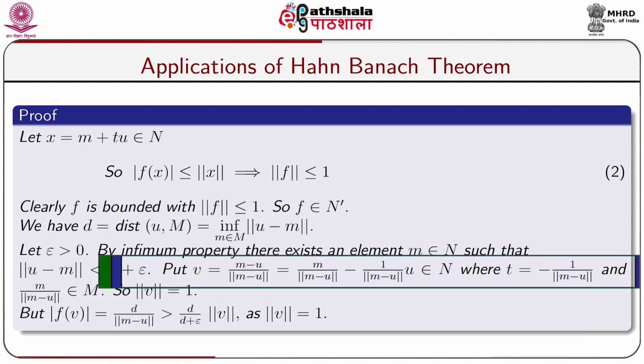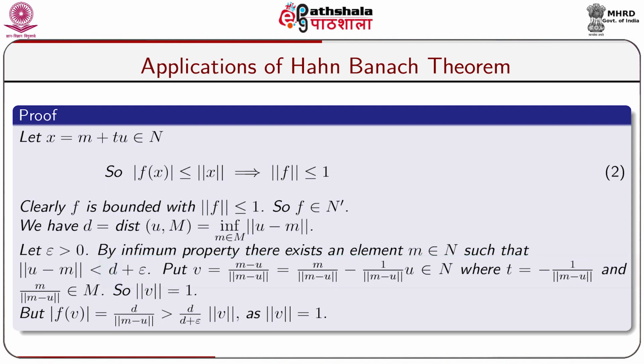Put v equal to m minus u divided by norm of m minus u, which is equal to m by norm of m minus u minus 1 by norm of m minus u into u belonging to capital N, where t is equal to minus 1 by norm of m minus u and m by norm of m minus u belongs to capital M, as M is a subspace.